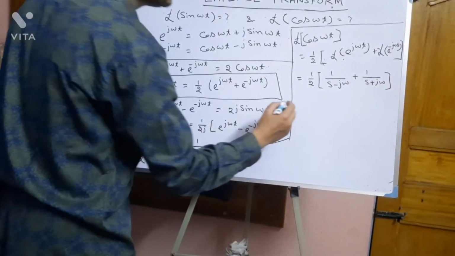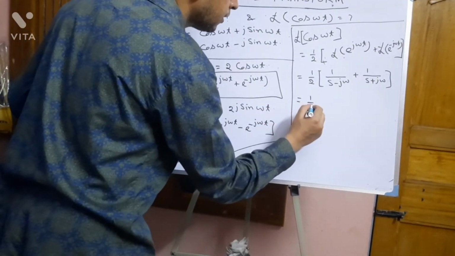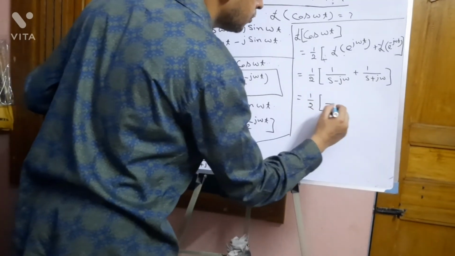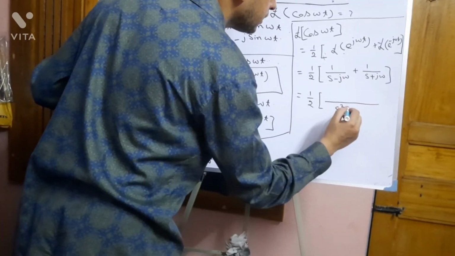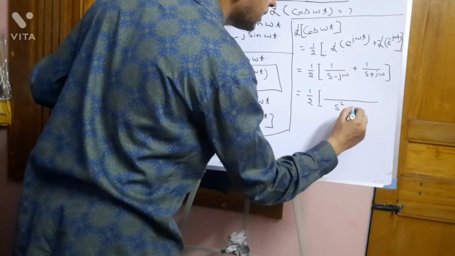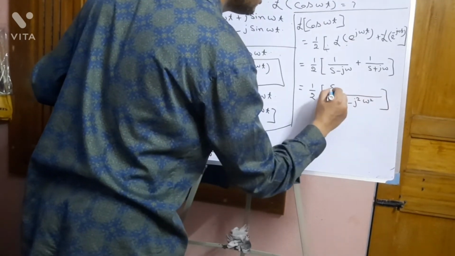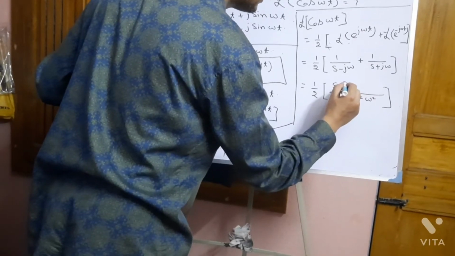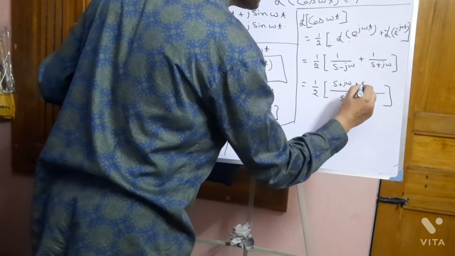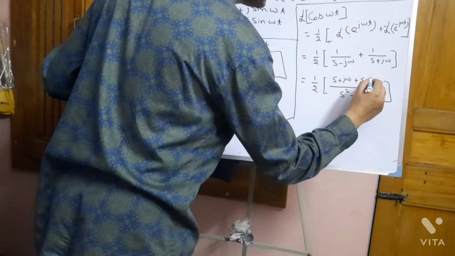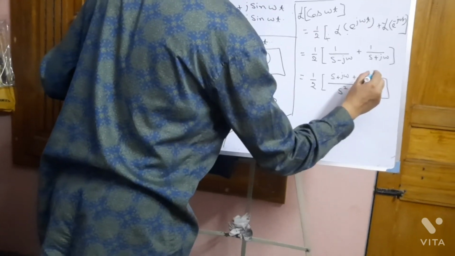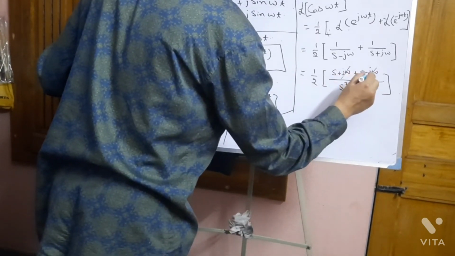So this gives us half into, at the denominator, s square minus j square omega square, and at the numerator, s plus j omega plus s minus j omega. Now plus j omega and minus j omega will cancel out.